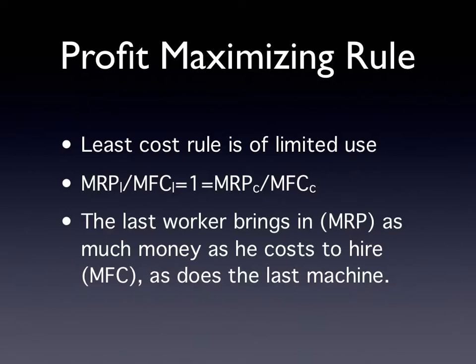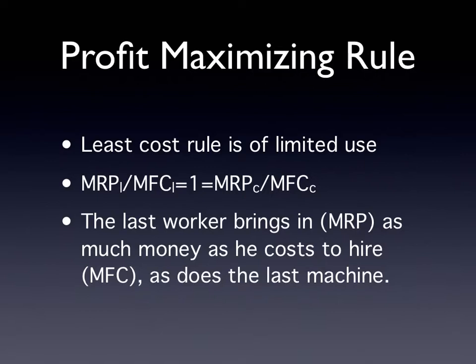So all we're simply doing is doing that for labor and then doing that again for capital. Because if the marginal revenue product equals the marginal factor cost, dividing those will result in 1. And if the marginal revenue product of capital divided by the marginal factor cost of capital is also equal, dividing them by each other will result in 1.